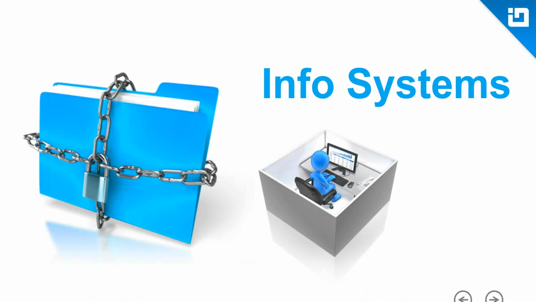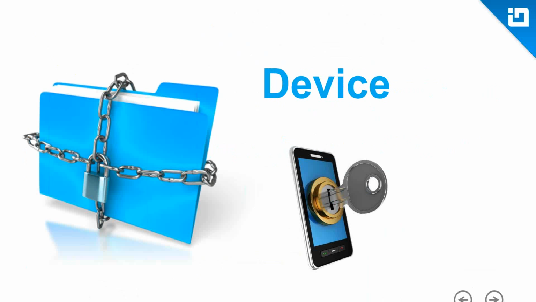Now, the second area is the device, right? Those are the only two areas you have to be concerned about. You have your information systems that are locked down and secure in your firm, and then you have the mobile device that your end users are carrying.